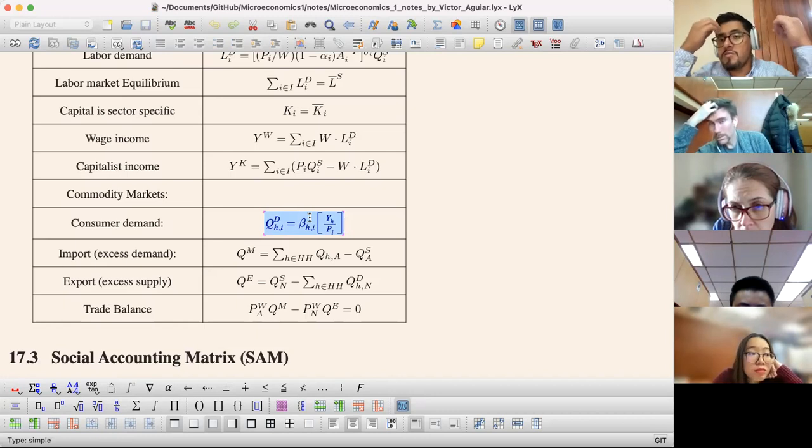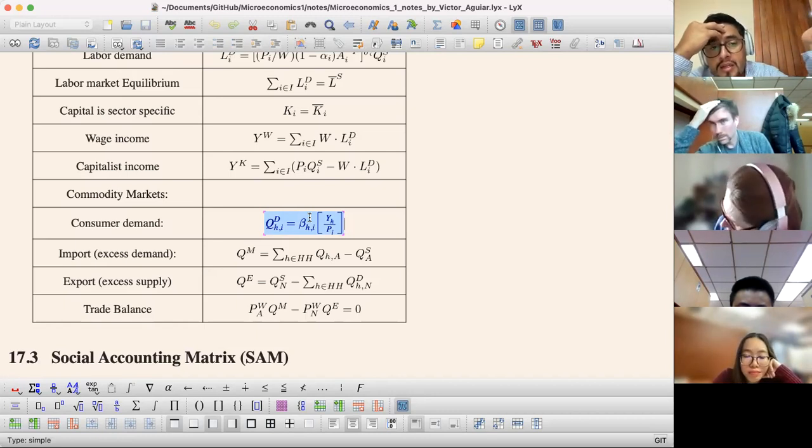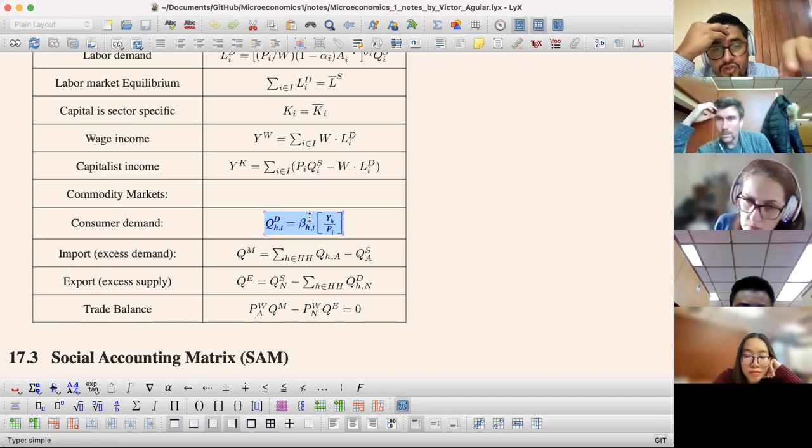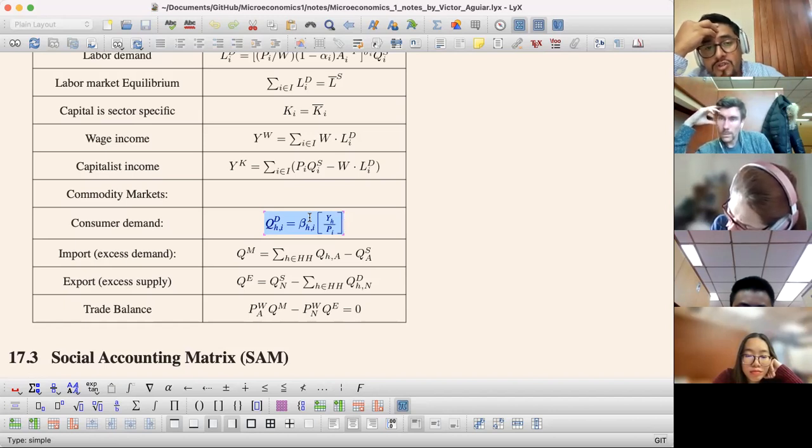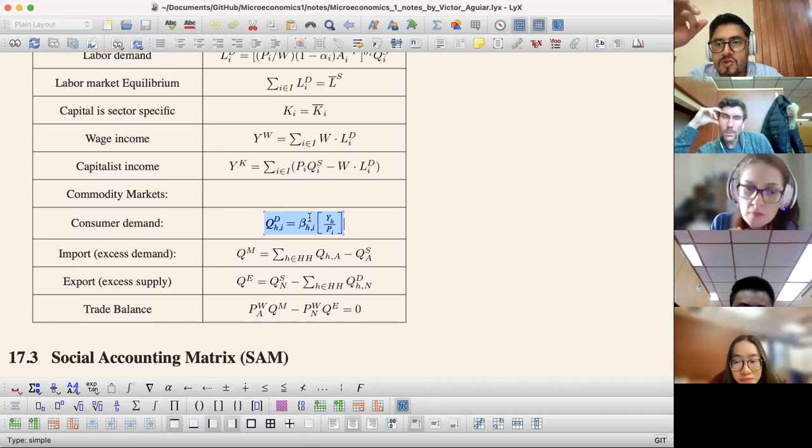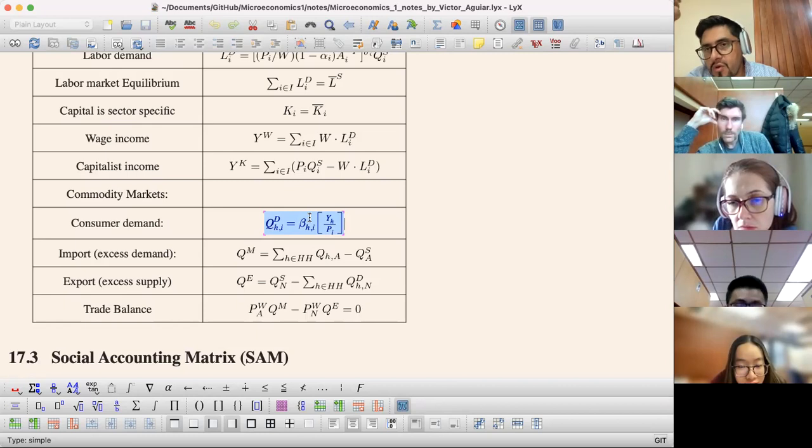Now, this is a small open economy, so we also have equations for imports. And essentially, this is how much you consume from the outside. Essentially, here is a summation across households, and then how much is actually supplied. So the difference between what is demanded or consumed in this case minus what is supplied locally is the import equation, right?